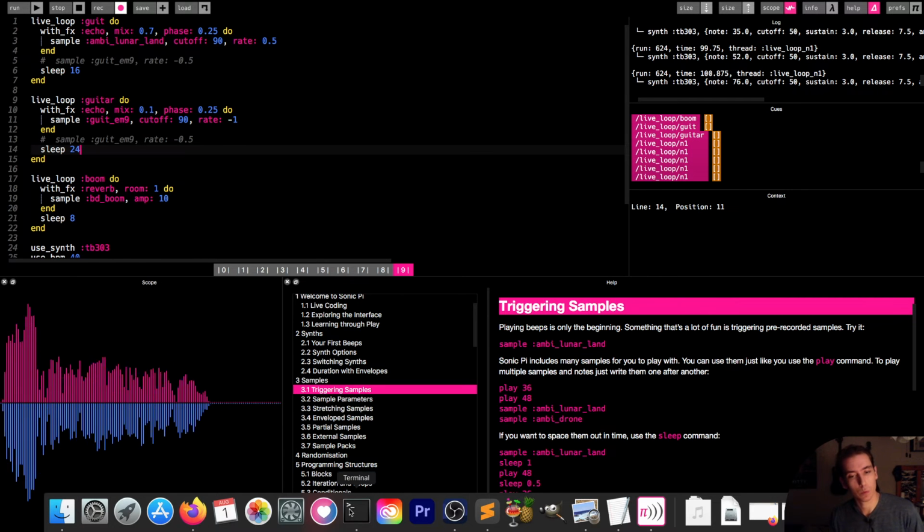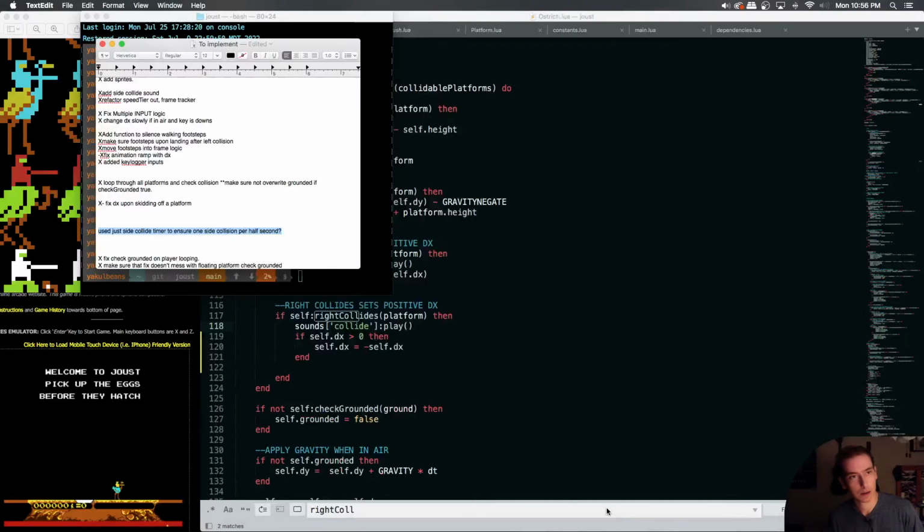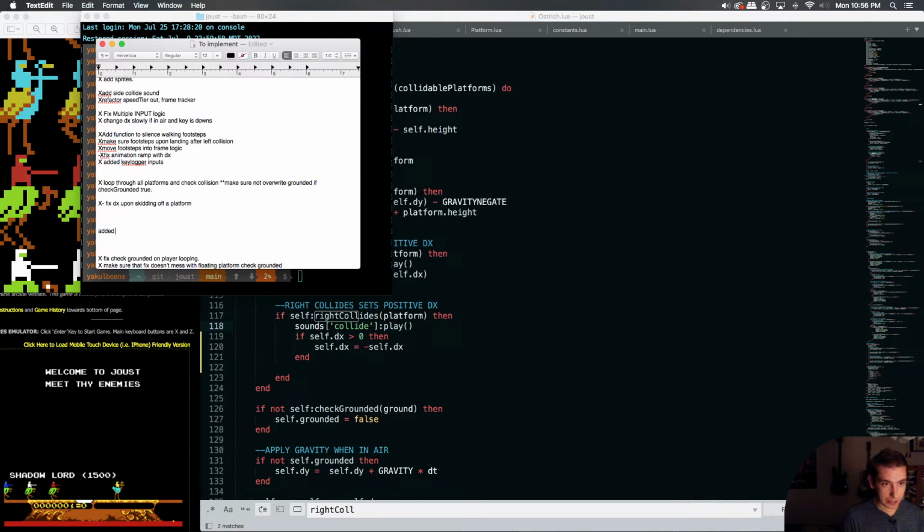So we didn't do this, but we fixed what this was trying to address, which was adding a gentle DX bounce on slow side collision.